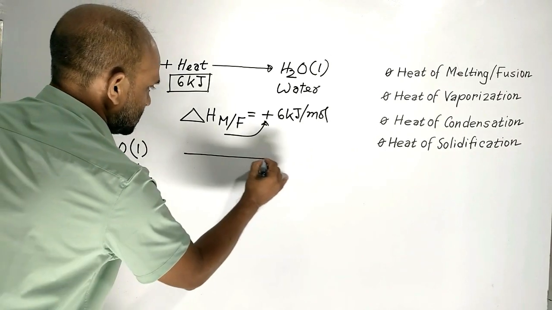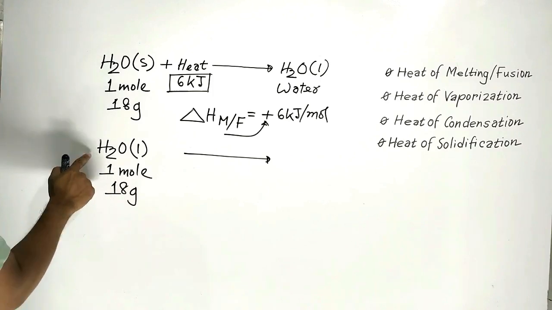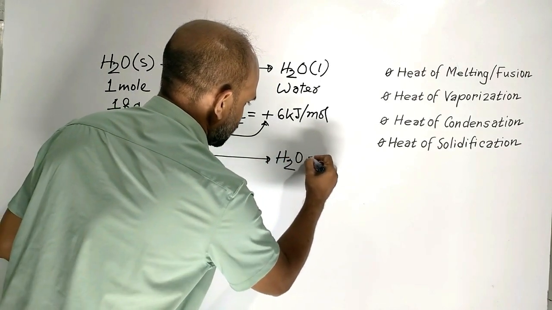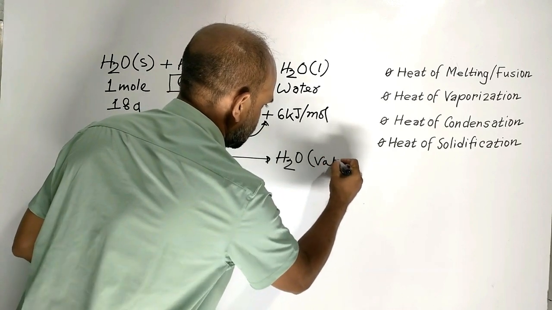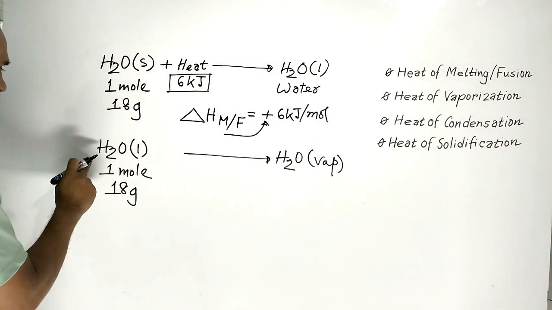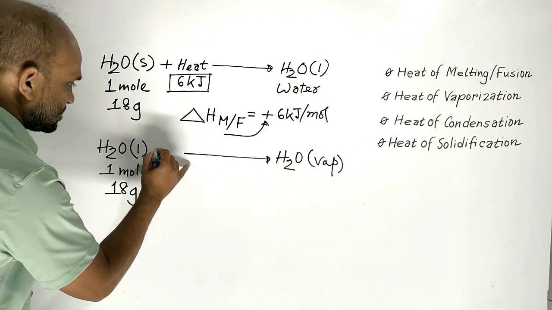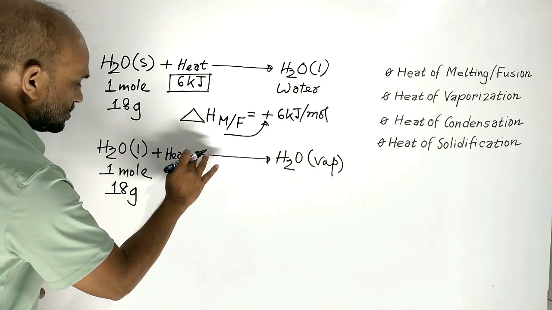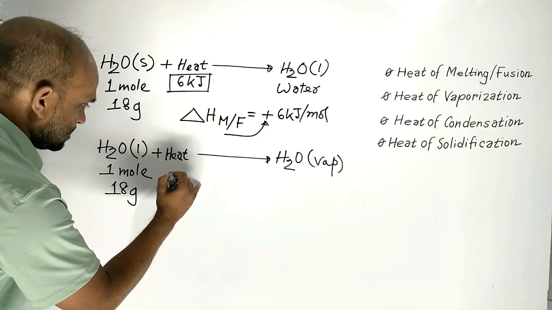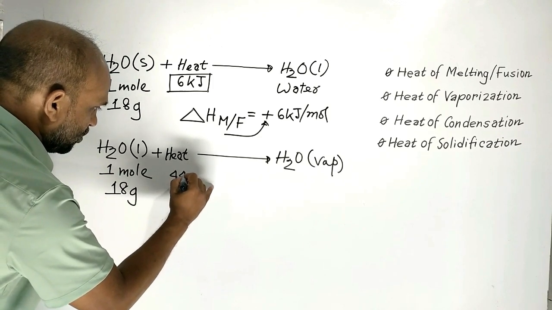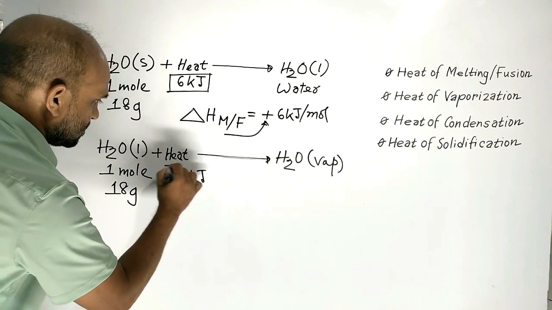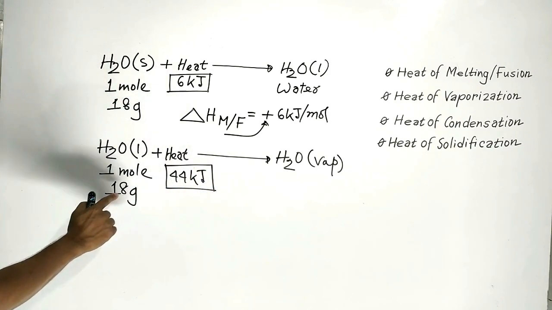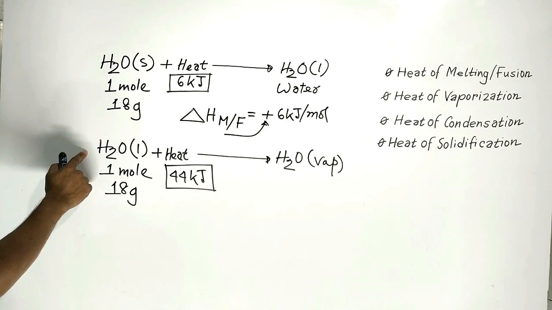When this 1 mole water is converted to 1 mole vapor, then it receives some amount of heat. Here this heat is 44 kilojoule. This 44 kilojoule heat is for 18 gram of water.